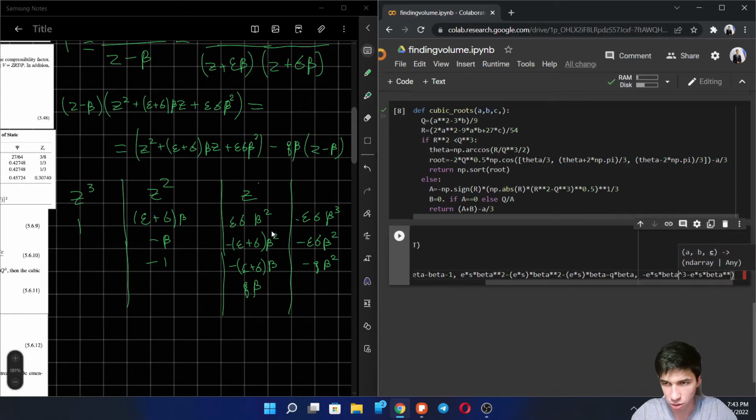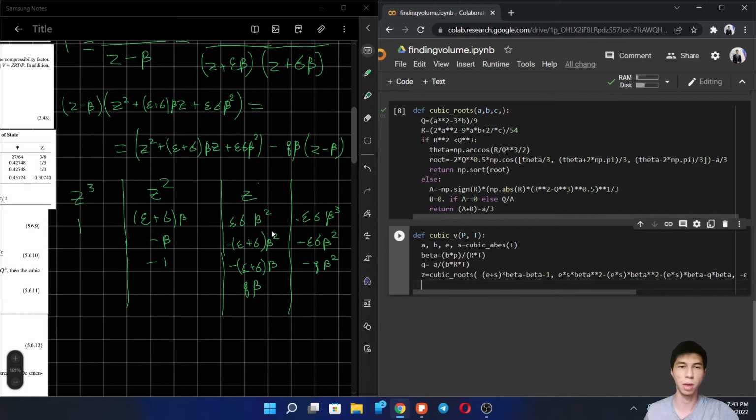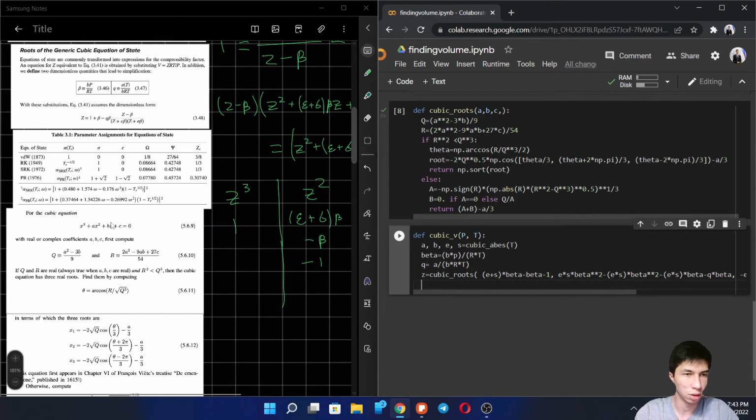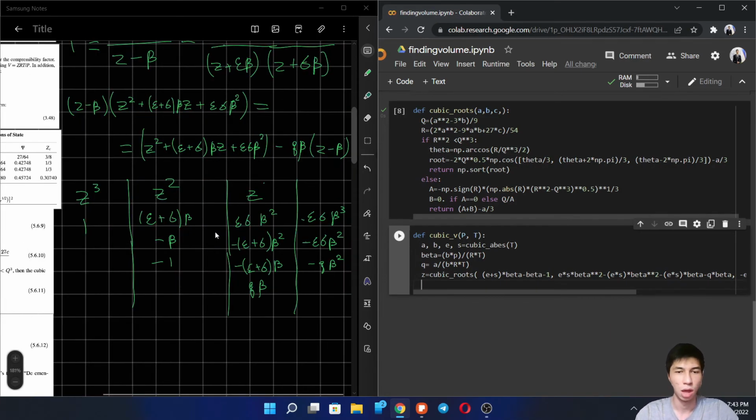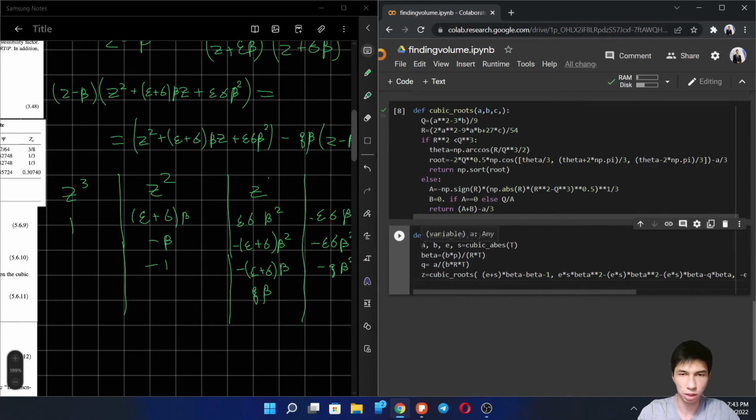Oh, sorry for this mistake. Beta squared, and minus q multiplied by beta squared, right? So it's going to be our A, B, C values for this thing here.